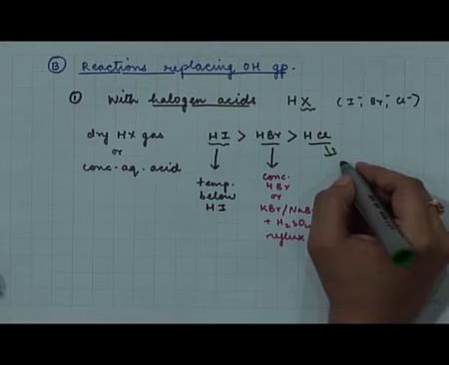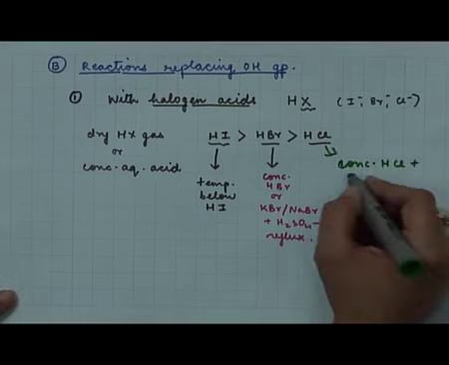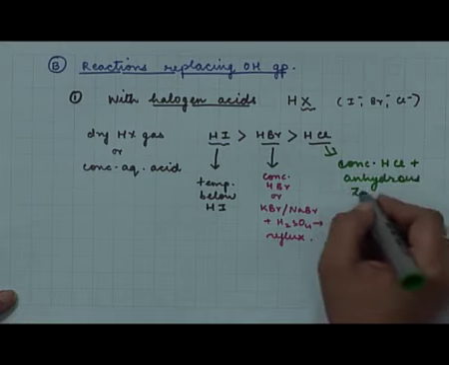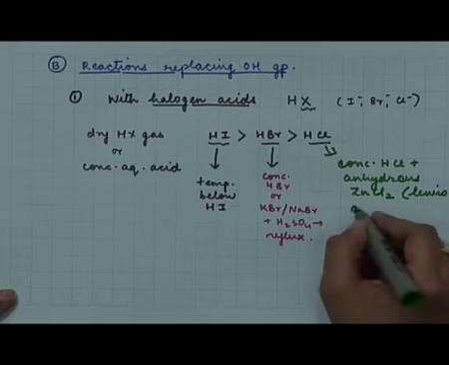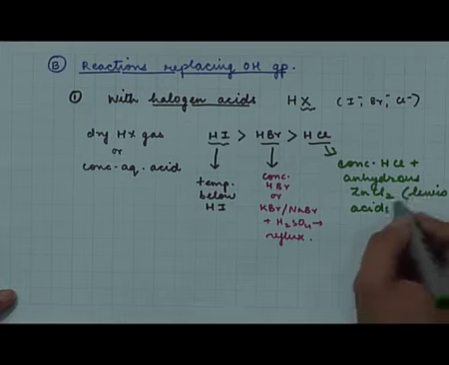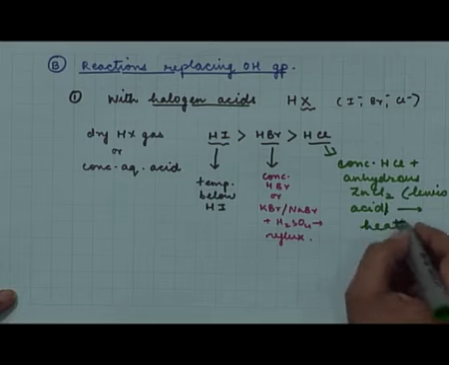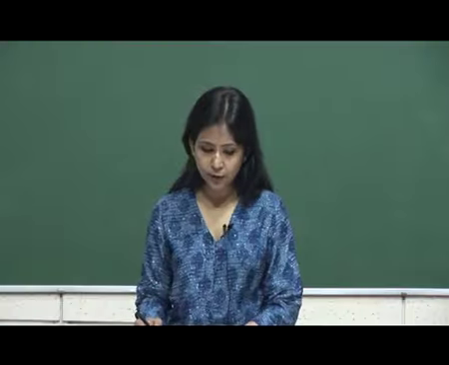So for using HCl, we use concentrated HCl along with anhydrous zinc chloride, which we know behaves like a Lewis acid. You must have come across these in the Friedel-Crafts reaction. So we add zinc chloride which acts as a Lewis acid, and we carry this reaction out under heating. So these are the different conditions in which each of these halogen acids has to be used depending upon the difference in the reactivity pattern of these acids.